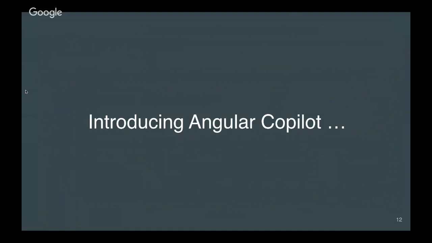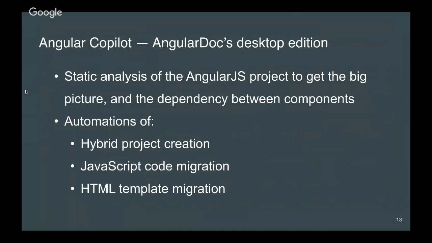So what is Angular Copilot? It's basically a desktop edition of Angular Doc. So you can load your local projects into this desktop application and have it run the same static analysis. But the benefit is twofold. First, you don't have to upload anything, not your source code, not your metadata.